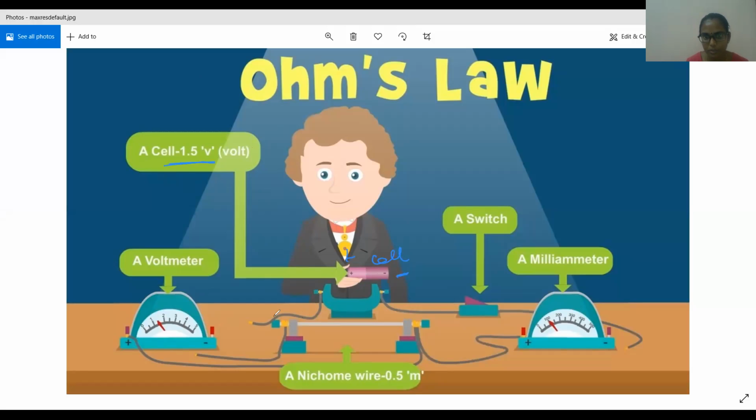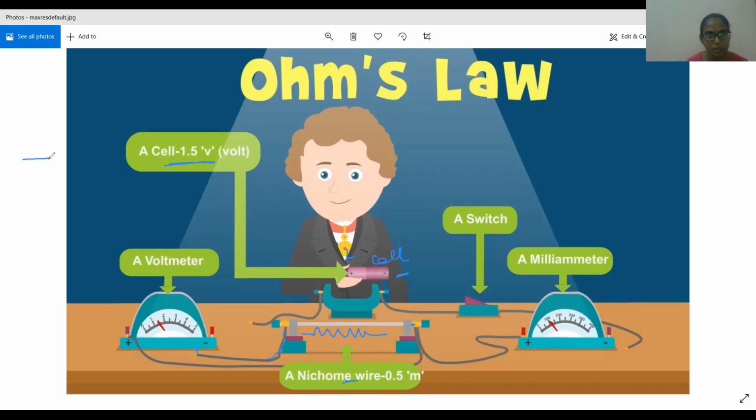The positive terminal is connected with the rheostat to adjust the voltage, or a nichrome wire. We take a nichrome wire that acts like a resistor, to adjust the resistance. And one end is connected to the negative of the voltmeter, and the positive of this is connected to this. That is how the circuit moves.